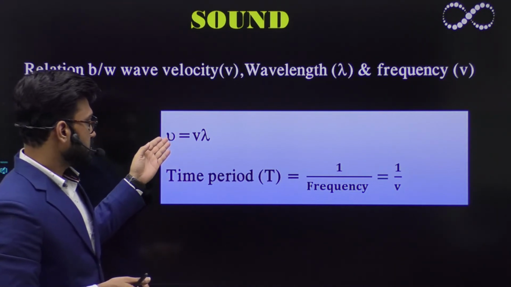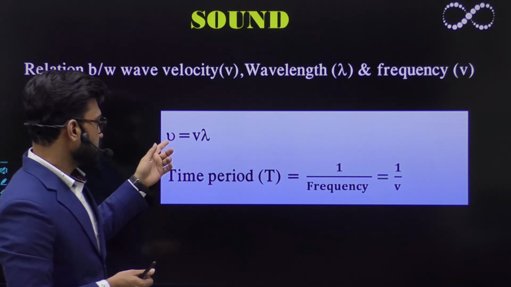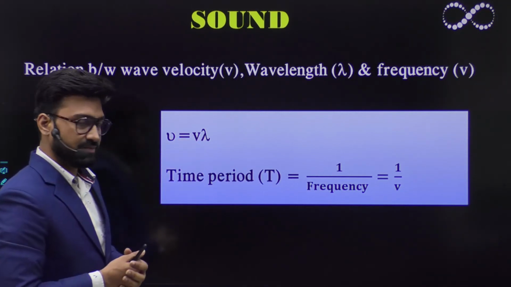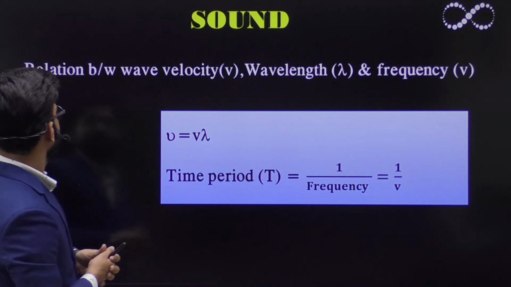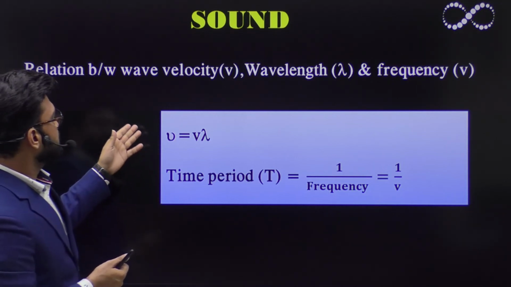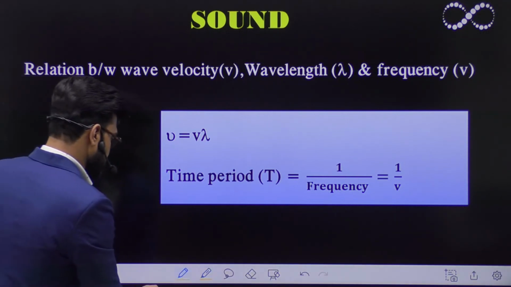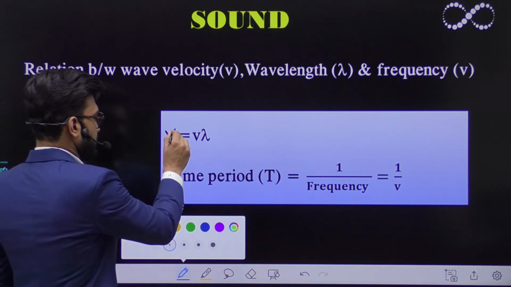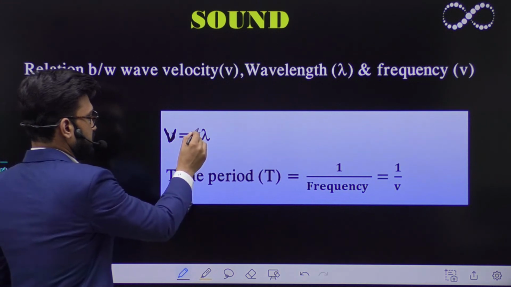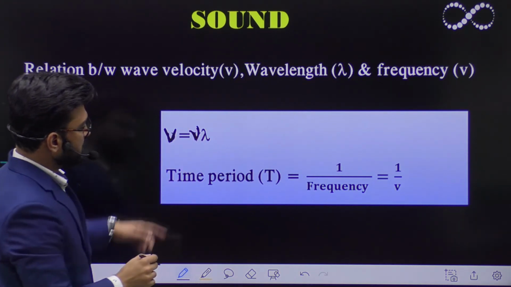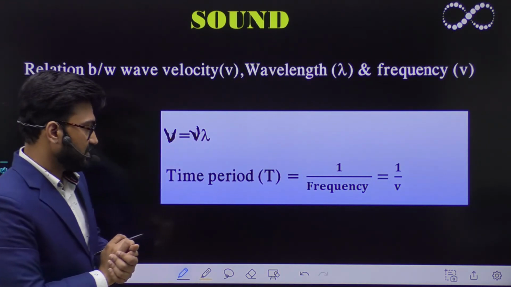Velocity v is frequency multiplied by wavelength. This is the relationship between wave velocity, frequency and wavelength.